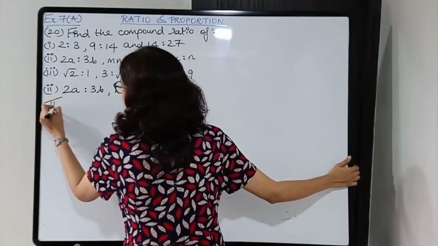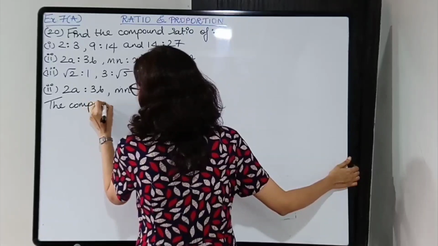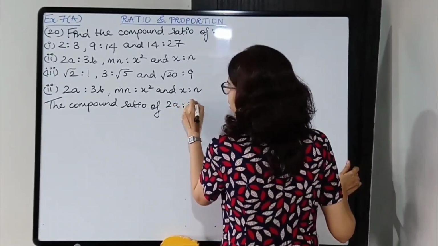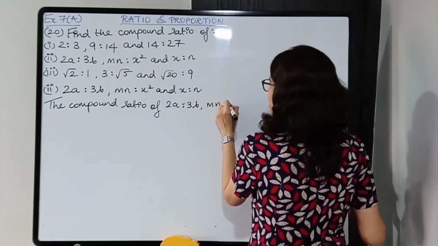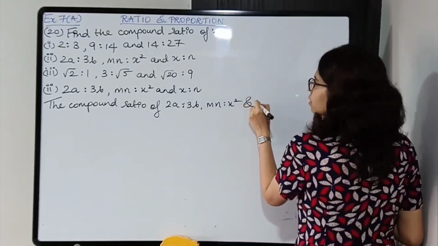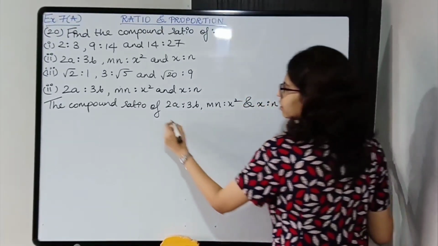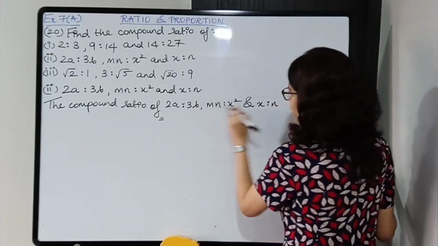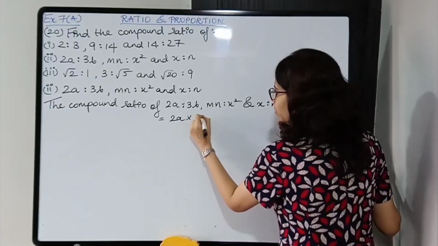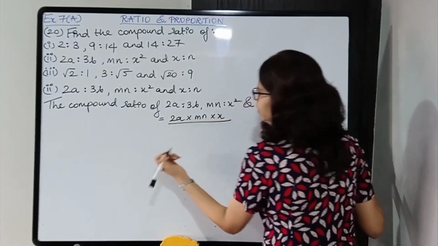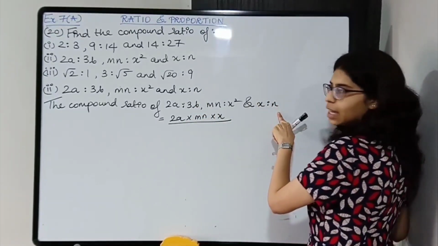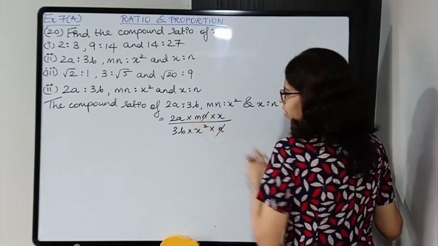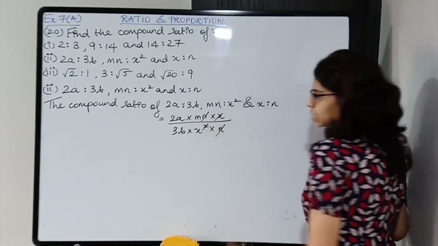Now write down the compound ratio of 2a:3b, mn:x square and x:n is equal to, multiply all the numerators, so 2a into mn into x, and then the denominators 3b x square and n, so 3b x square n, n I can cancel out, x I can cancel out.